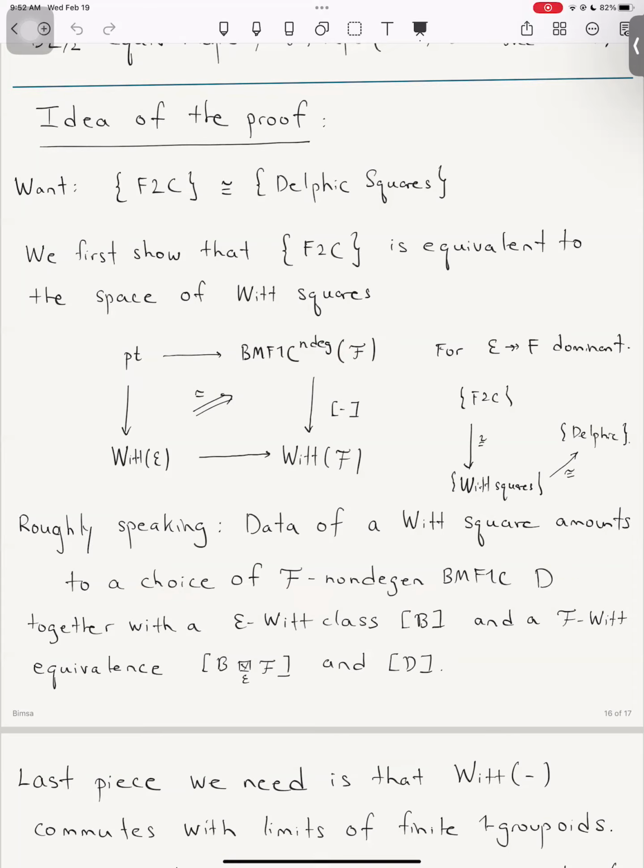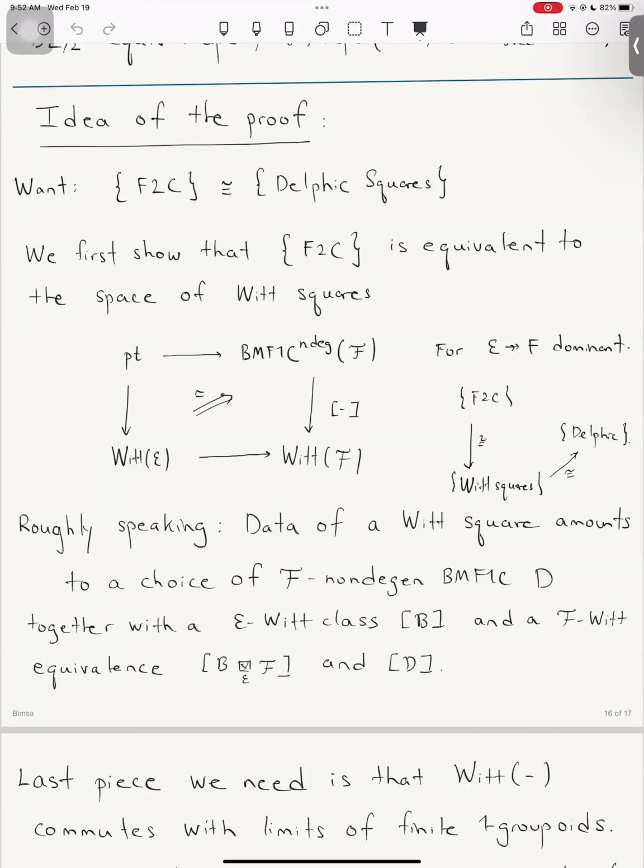Together with an E width class B, so there's some category B over here, and then on the bottom arrow, the bottom map, this is called a base change, base changing along the map from E to F.